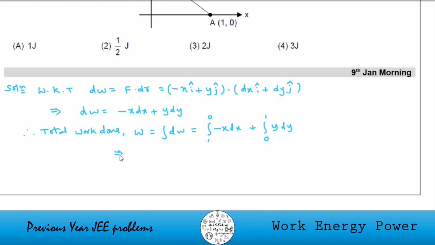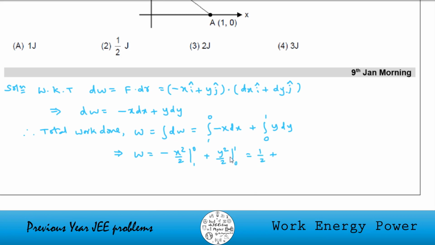So that implies W is equal to minus x square by 2 with limits 1 to 0, plus y square by 2 with limits 0 to 1. See here, upper limit 0 gives minus 0 square by 2, and minus of minus 1 square by 2, that is 1 by 2.